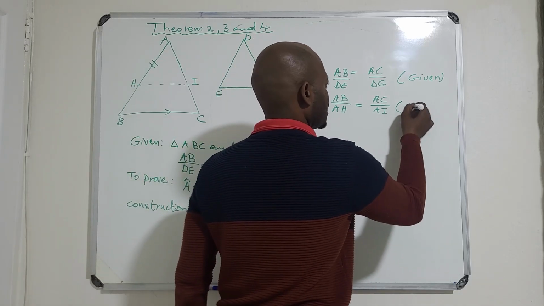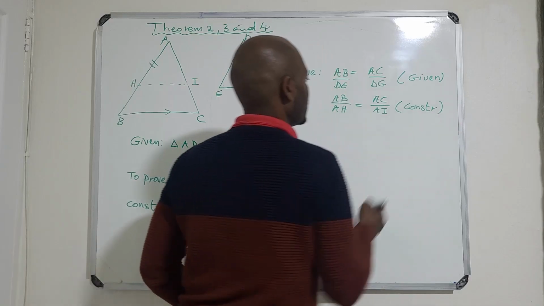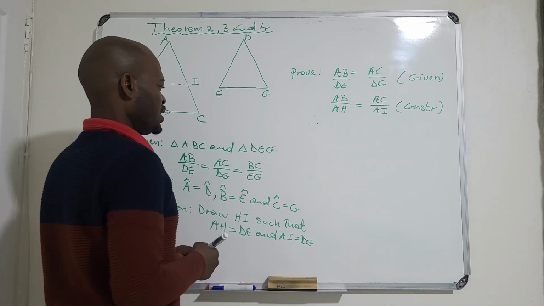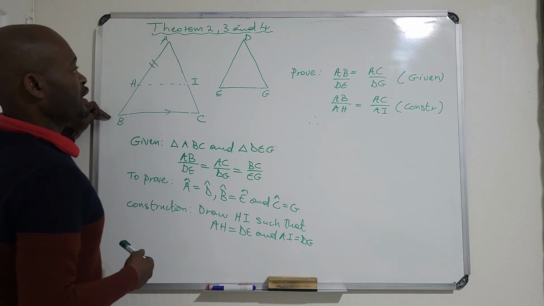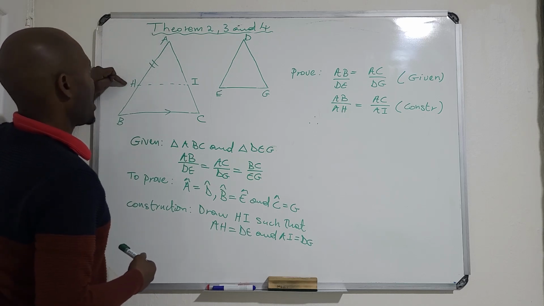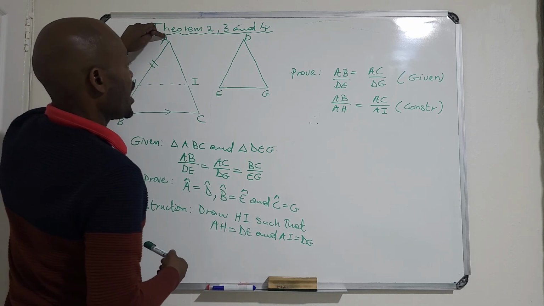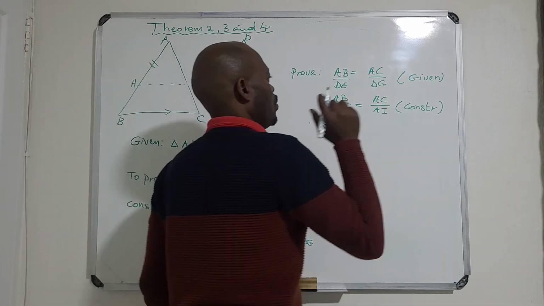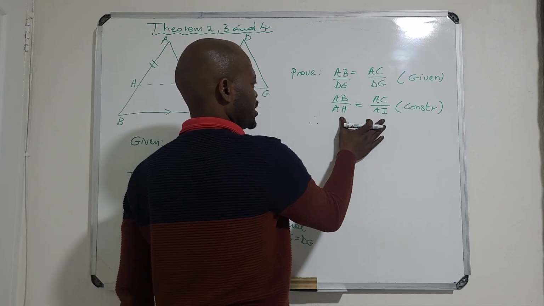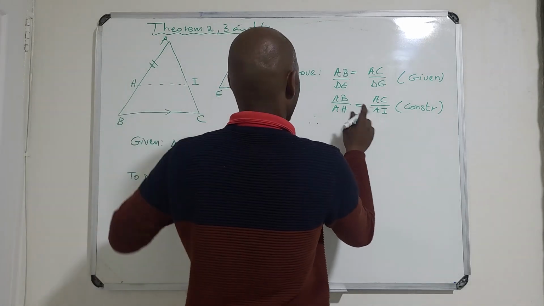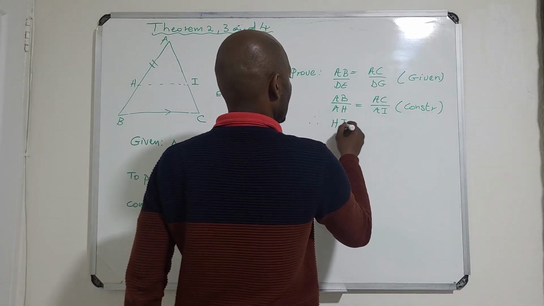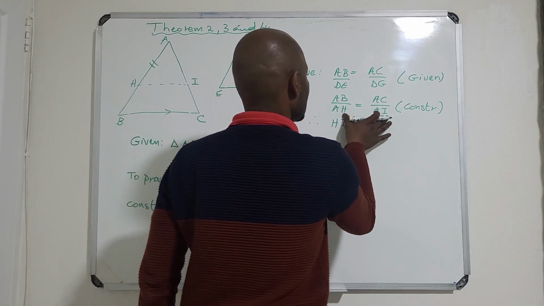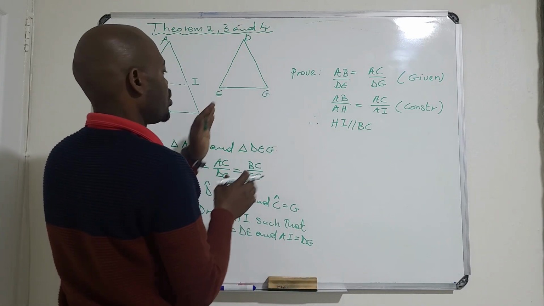Reason: construction. Therefore, since AB over AH is equal to AC over AI, it means that HI is parallel to BC. That's what we know, since the sides are in proportion.